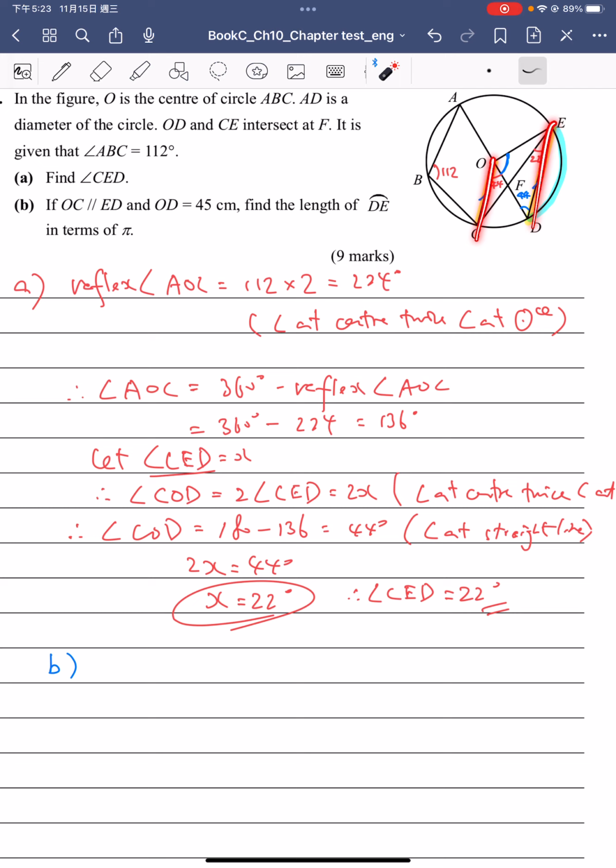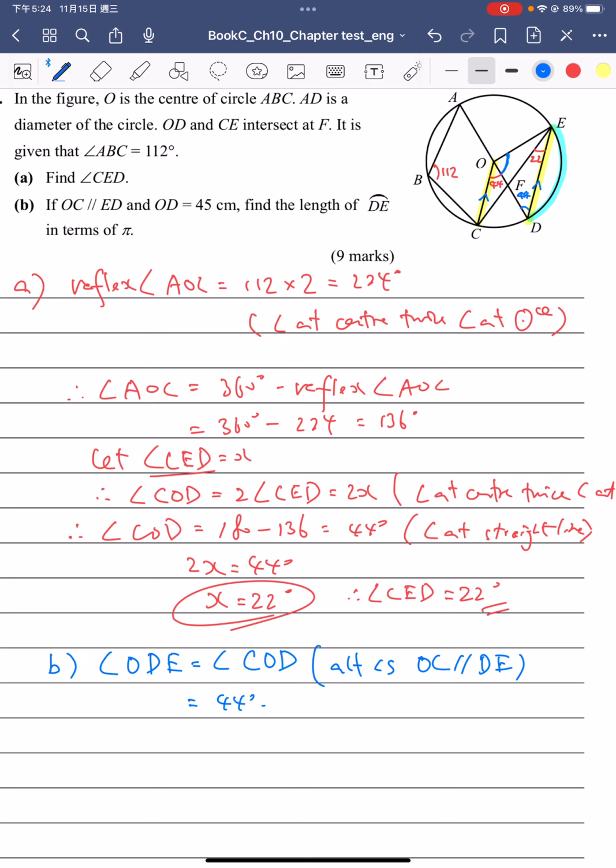Because these two lines are parallel, this is the alternating angle. So angle ODE is equal to angle COD, they are alternating angles because OC is parallel to DE. Then this is equal to 44 degrees.